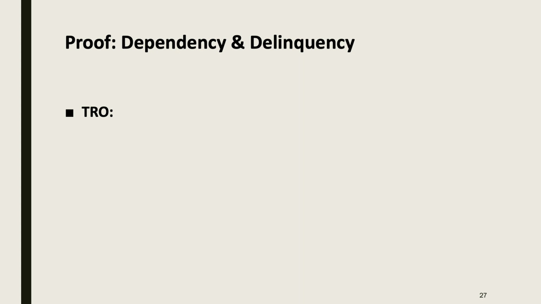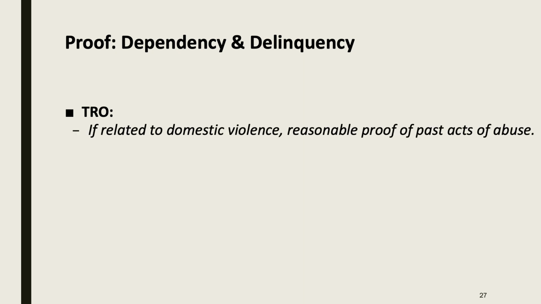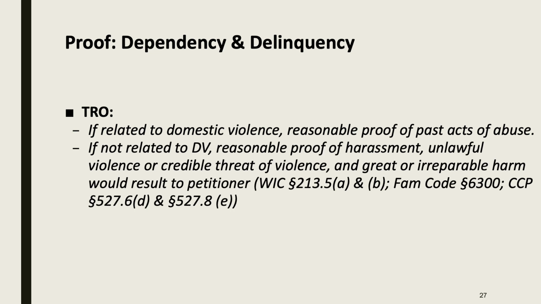For a temporary restraining order, if it's related to domestic violence, whether it's dependency or delinquency court, what's required is a reasonable proof of a past act or acts of abuse. If it's not related to domestic violence, there needs to be reasonable proof of some kind of harassment or unlawful violence or a credible threat of violence, and that great or irreparable harm would result to the petitioner if the order was not allowed.